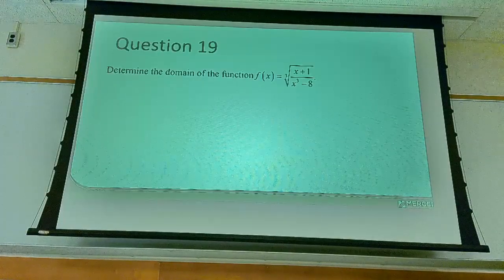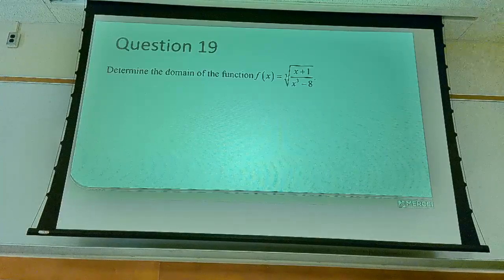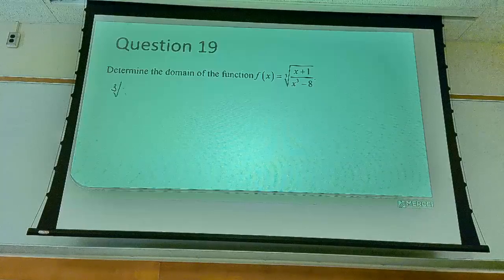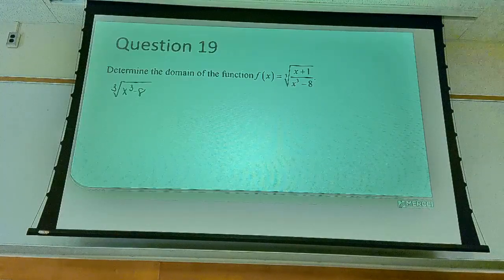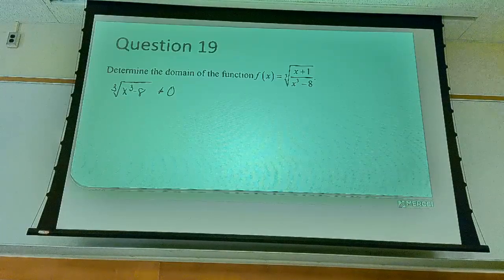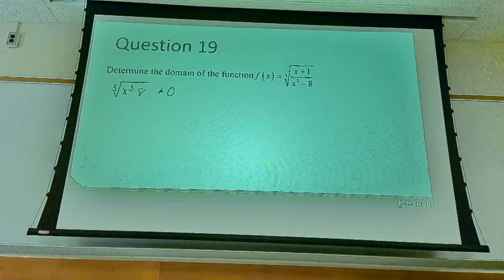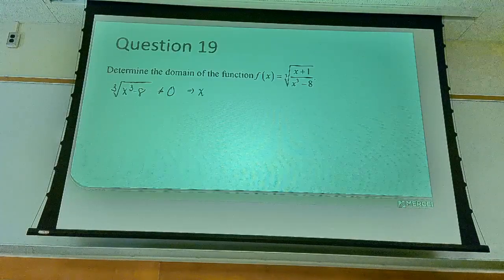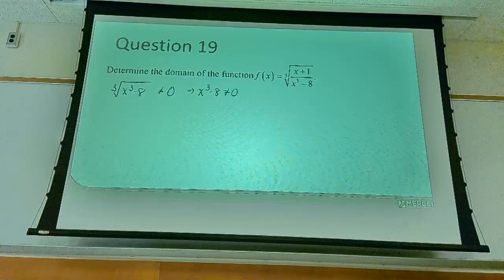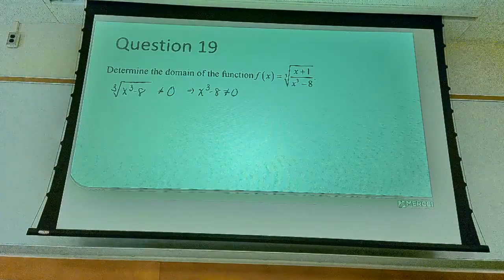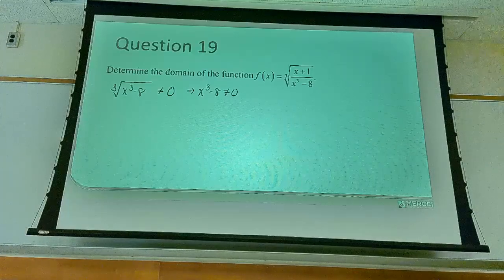So using the restriction, we know that the cube root of x cubed minus 8 can't be 0. But how do you undo a cube root? You cube both sides. So x cubed minus 8 can't be 0. There's no need to factor that. You can if you want.